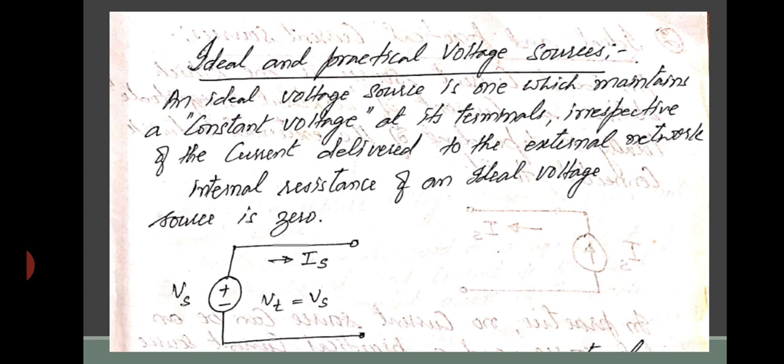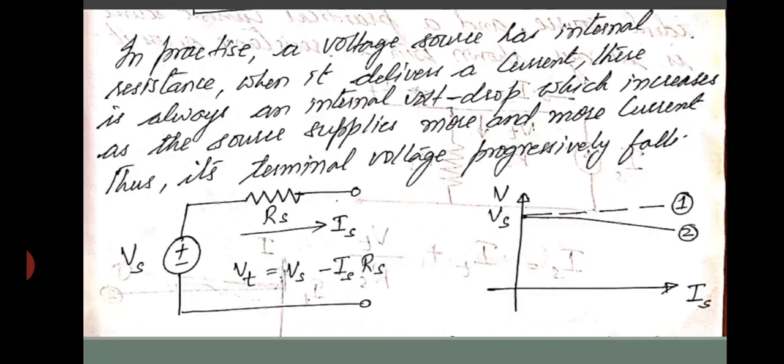The polarities will show the direction of the flow of the current, and conventional direction is a different matter. You can see the I suffix s where the flow of the current is shown. It shows that the terminal voltage equals the supply voltage, the source voltage. So there isn't any kind of loss. The voltage across the load and the voltage across the source remain the same. So this is what an ideal system speaks with respect to.